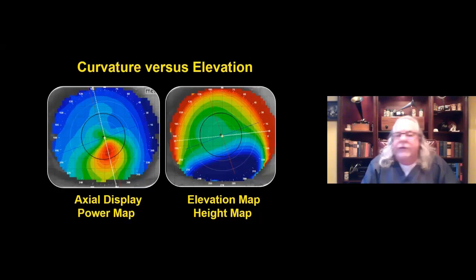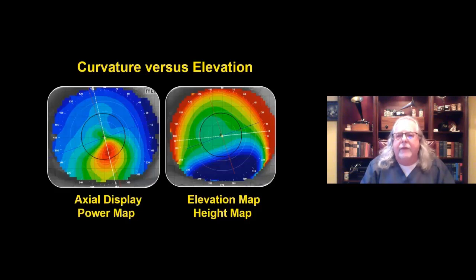Now, we teach our students at Pacific University that we're going to differentiate whether we're going to use a corneal contact lens on a patient or a scleral lens by activating the elevation display map that we see on the right. The elevation display map is a critical display.